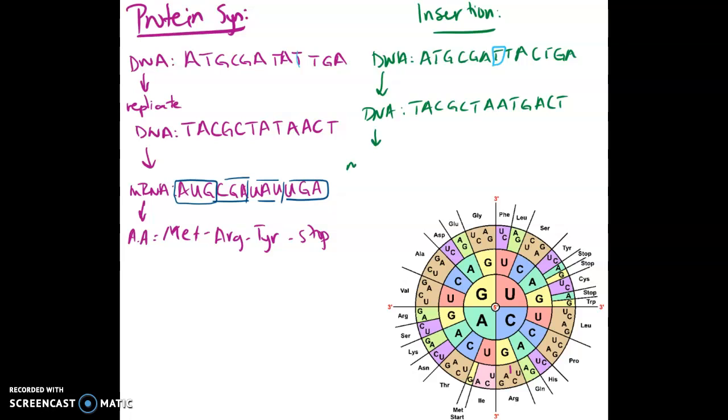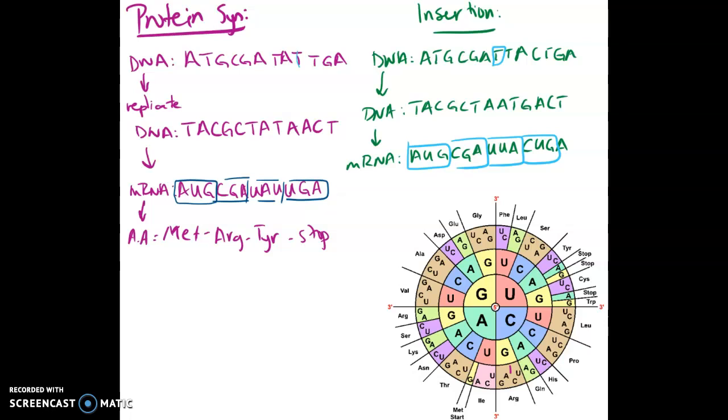And then if we were to transcribe it and make that mRNA strand, TAC would be AUG, GCT would be CGA, AAT would be UUA, then GAC would be CUG, and the T would bind to an A. All right, and then if we did our codons, we would just box them around until we ran out of them.